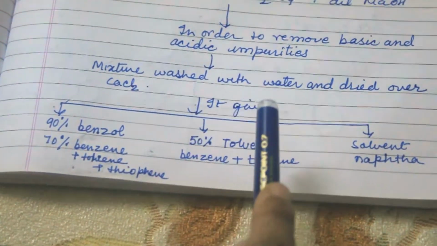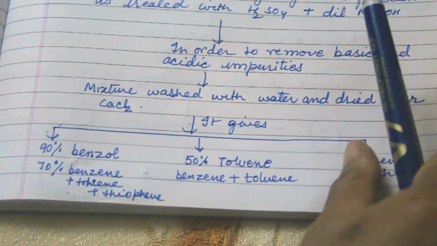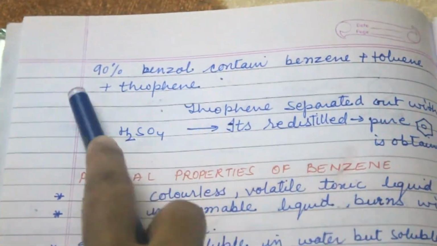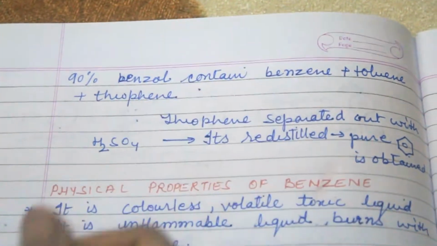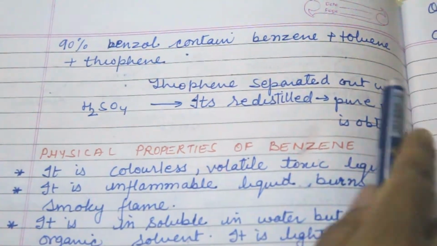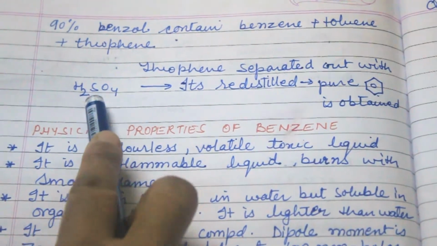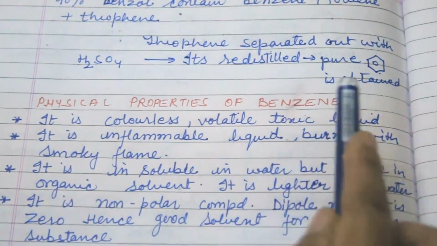Next, 50% toluene and benzene is present. Next, solvent naphtha. These three products are formed. Now 90% benzol contains benzene, toluene and thiophene. Thiophene is separated out with H2SO4 and the whole solution is redistilled, and pure benzene is formed.